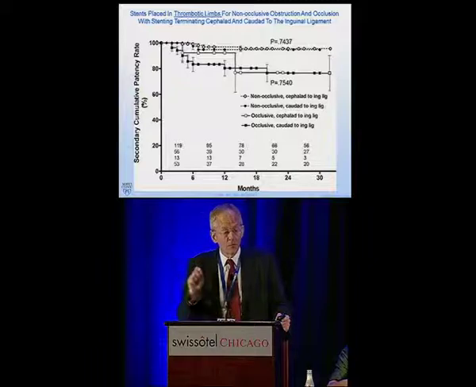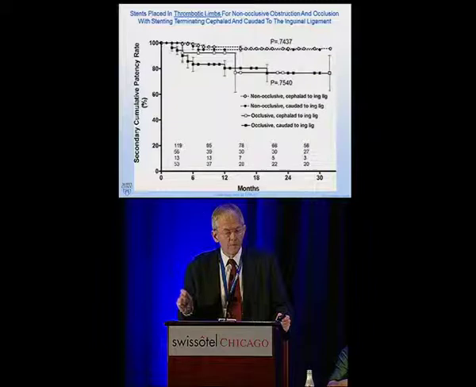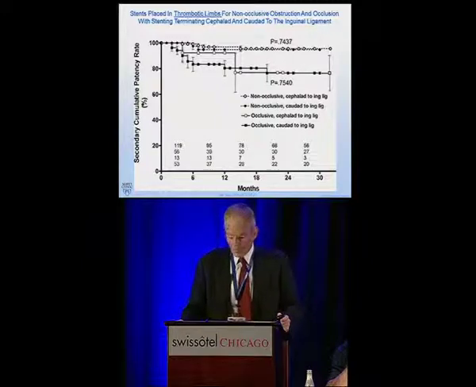If you had patients with a non-obstructed lesion, there was no difference in infrainguinal ligament or above. And the same thing was true for an obstructed segment. If the vein was completely obstructed, it really didn't matter if the stent was below or above.